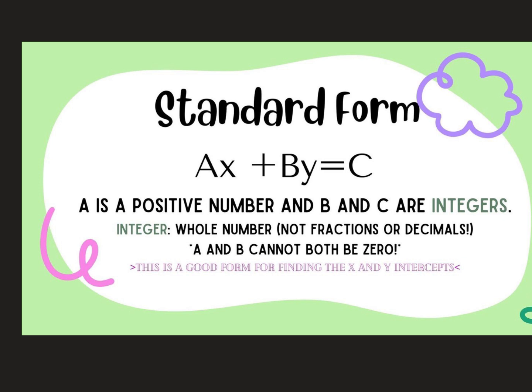So when you write an equation in standard form, a, b, and c must be whole numbers, no fractions and no decimals, and a must be positive. The other reminder is we can never have an a value and a b value that are negative. They cannot be zero. I like the standard form because it is easy to find our x and our y intercepts.